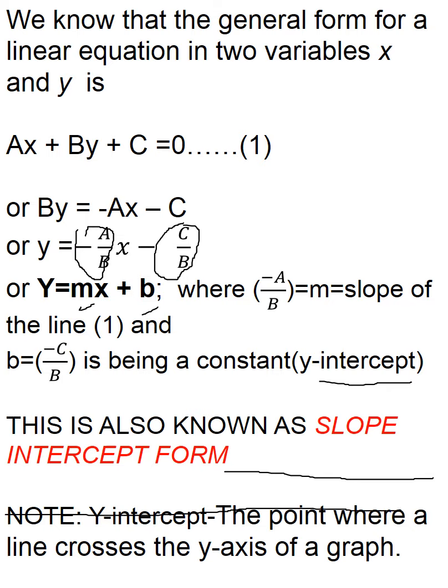So what is a y-intercept? The point where a line crosses the y-axis of the graph is known as the y-intercept. For this particular class, we will just remember the definition of y-intercept, and in further classes.